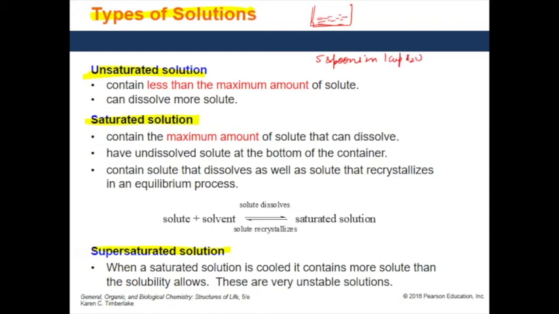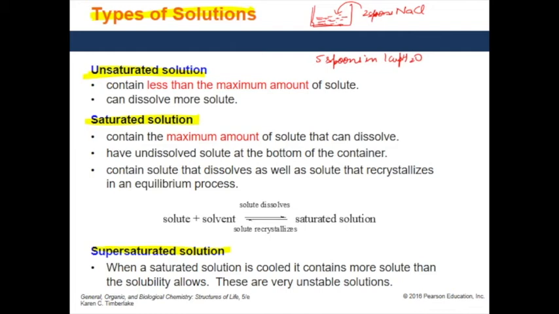If this is the solubility of our salt solution, and I start with 1 cup of water and add 2 spoons of salt, and that salt completely dissolves, now this solution is called an unsaturated solution, where I have not reached the maximum amount of solute that is possible. Maximum I can add 5, I've only added 2 yet, so this is an unsaturated salt solution, when your amount of solute is less than the maximum amount possible.